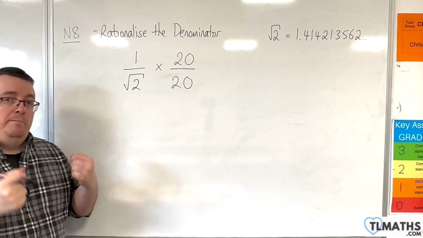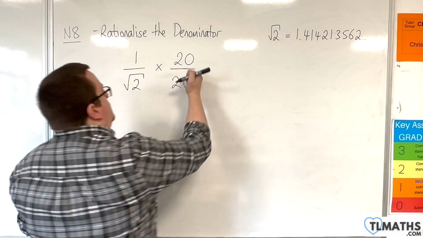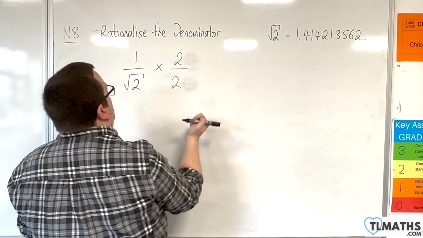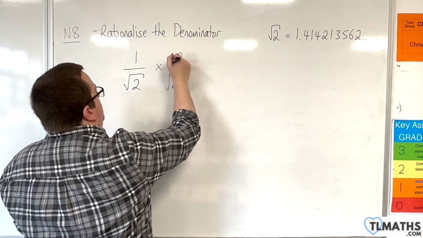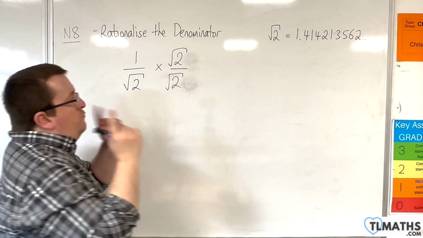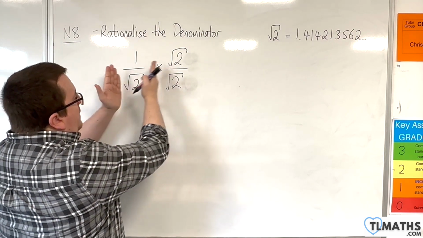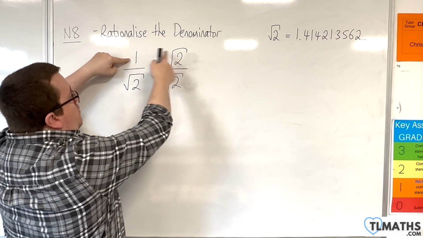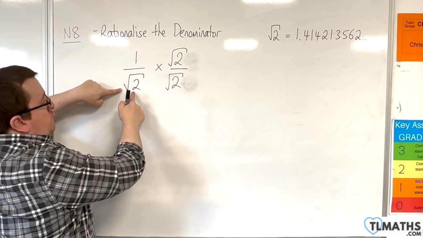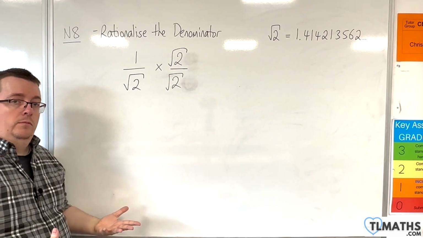But the whole point is to make sure that I get rid of the square root in the denominator. So I'm not going to choose 20 over 20. And I'm not going to choose 2 over 2, but I will choose root 2 over root 2. Now, the reason why I'm going to pick that is because when I multiply these two fractions together, the numerators multiply together to make 1 times root 2, and in the denominator I've got root 2 times root 2, which I know is 2.